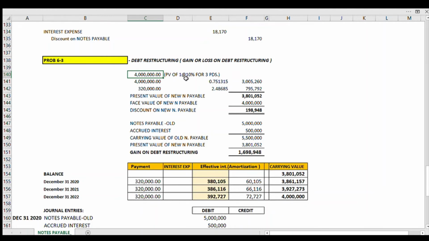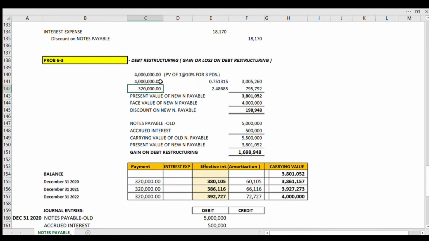Valued at 10% for 3 periods. Okay. So, ang ating present value of 1 is 0.751315, that is 3,005,260.